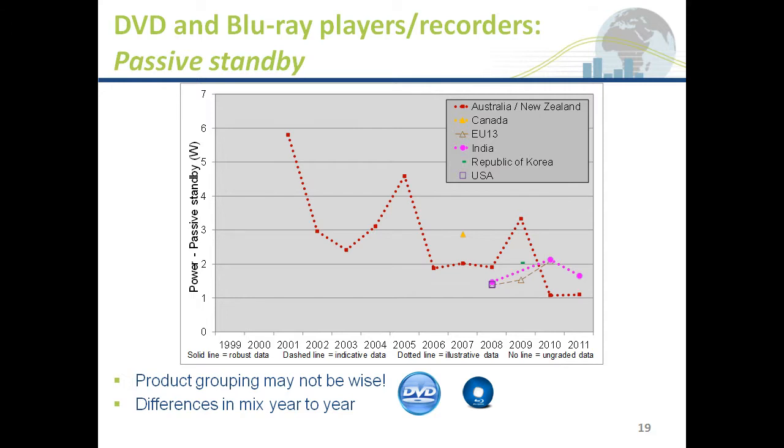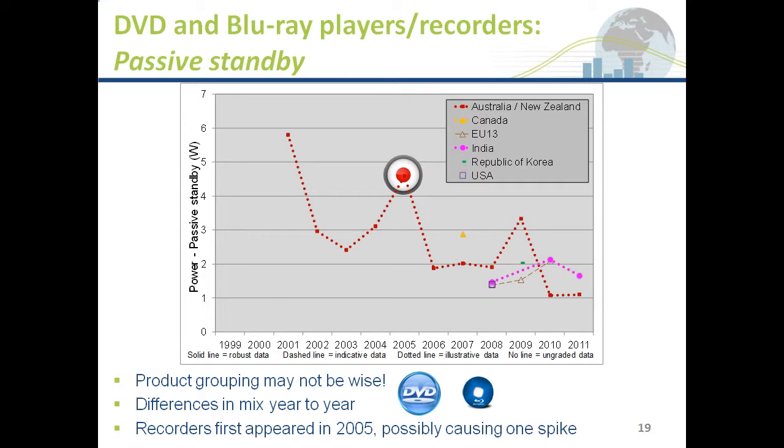We're probably seeing the effects of Blu-ray versus DVD, and indeed we're also seeing the introduction of recorders first appearing in the market in about 2005, and that may have also introduced some skew in these results. Recorders consuming or having a higher standby power, and so different functionality and introducing other influences that skew the results in any given year.